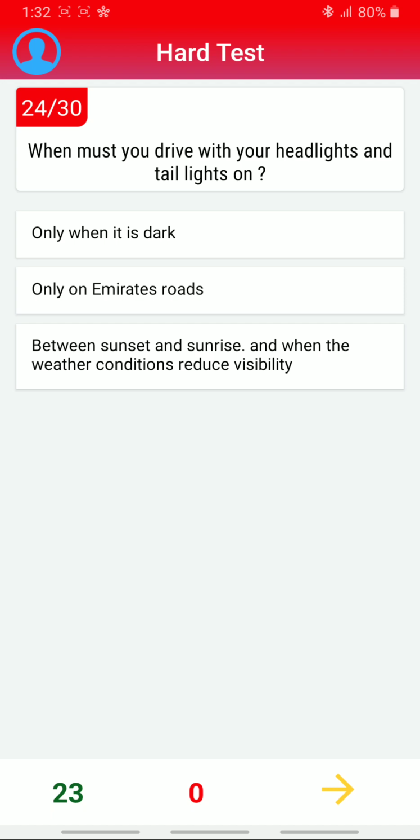The third option is the correct one, because you need to turn on your headlights and tail lights to make yourself visible to other drivers. In between sunset and sunrise, you should always turn on these lights, right? The third option is correct.